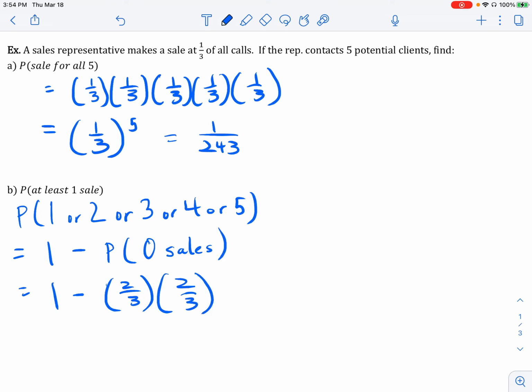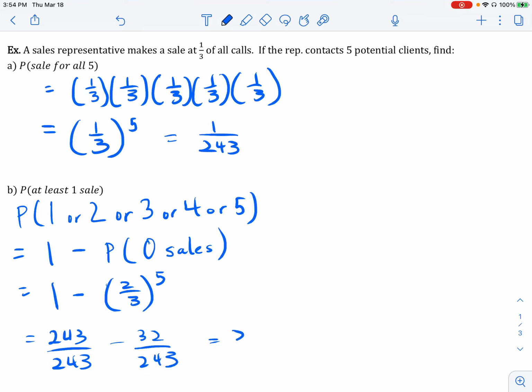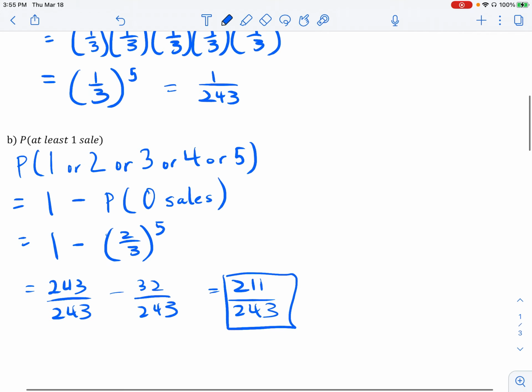And just like the previous problem, we're going to keep on repeating this. So this is the same as (2/3) to the 5th power. What does this come out to? If I clean this up, this would be 243 minus 32 over 243, and our answer would be 211 over 243. Okay? All right, so we can summarize this: the probability of at least one sale is equal to 1 minus the probability of no sales.